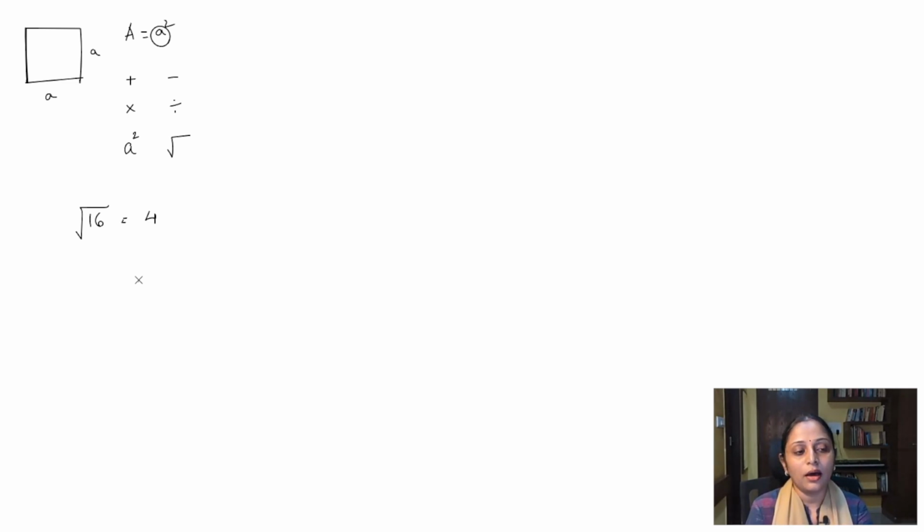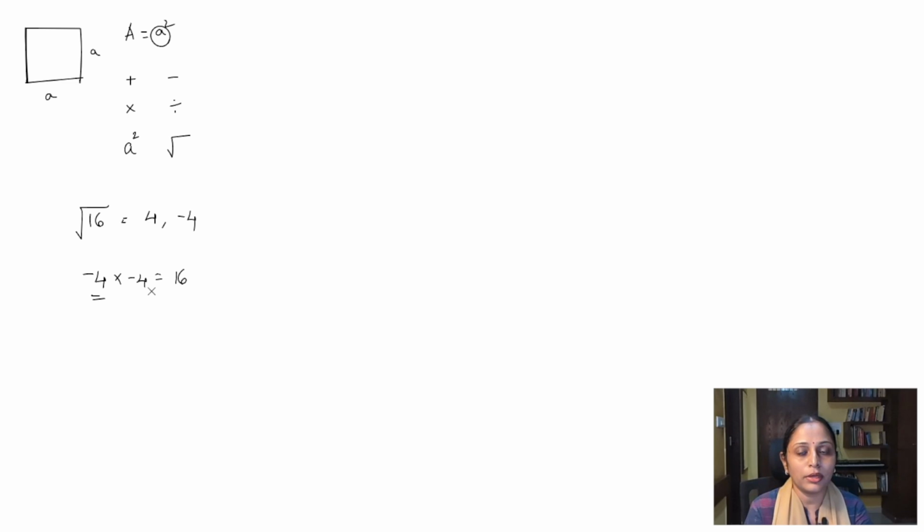One is the one which is obvious to us, which is plus 4. Another one is the negative of the same number, minus 4, which is also a square root. How do you know that? If you multiply minus 4 by itself, minus 4 into minus 4 gives you 16 again. That means minus 4 also qualifies as a square root, right?